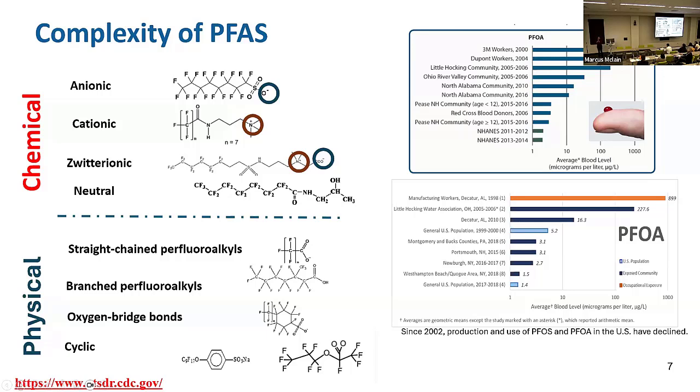And in these two images on the right side, you can see the level of blood PFAS in manufacturing workers or people who work in contaminated sites is much higher than the general US population. And PFOA and PFOS use has declined since 2002, but their contamination remains.